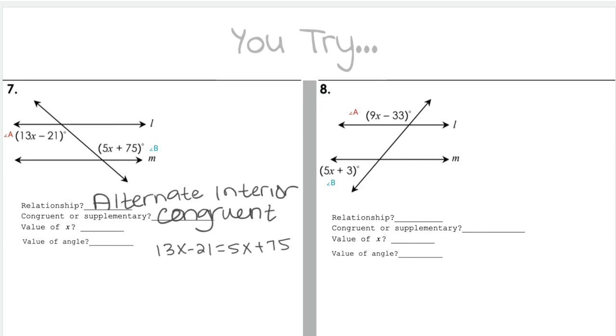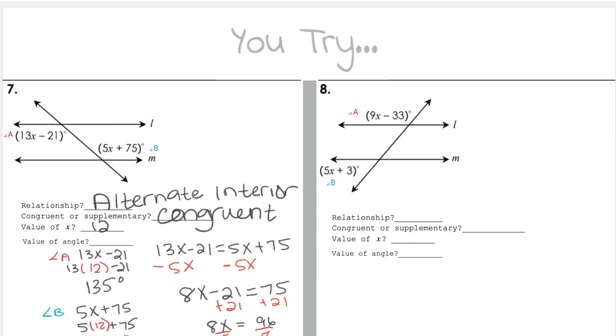You should have 13x minus 21 equals 5x plus 75. Subtracting 5x would give you 8x minus 21 equals 75, and keep solving. You should get that x is equal to 12, and now we want the value of each angle. And you should have gotten 135 degrees for both angle A and B because they are congruent.